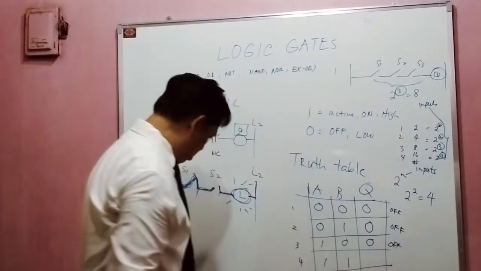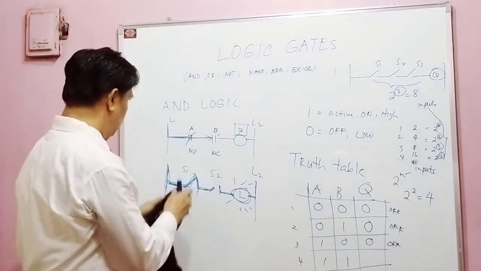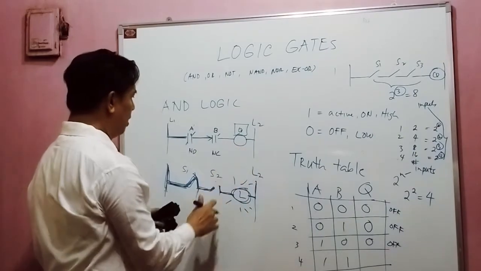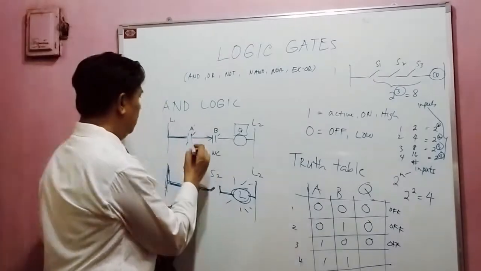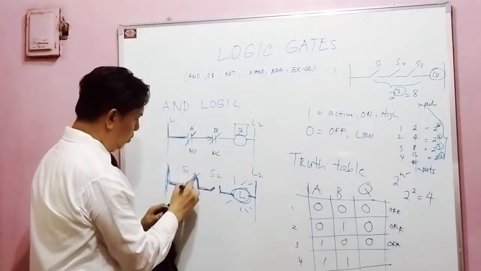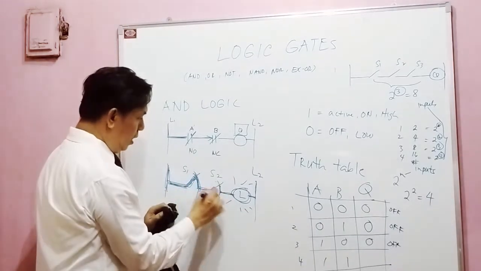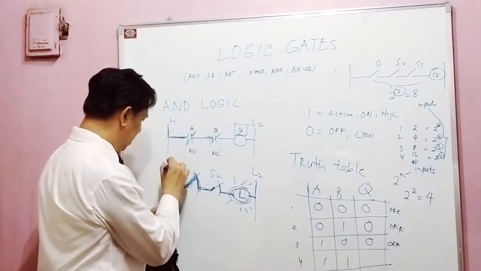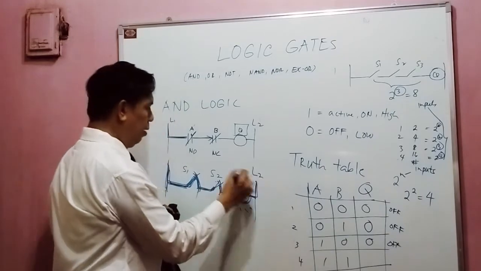So now the question is, when will the output become on? This output will become on when we have this fourth condition, 1, 1. If we switch the A and B on, it will deliver a current to the lamp like this, and it will make a closed circuit.